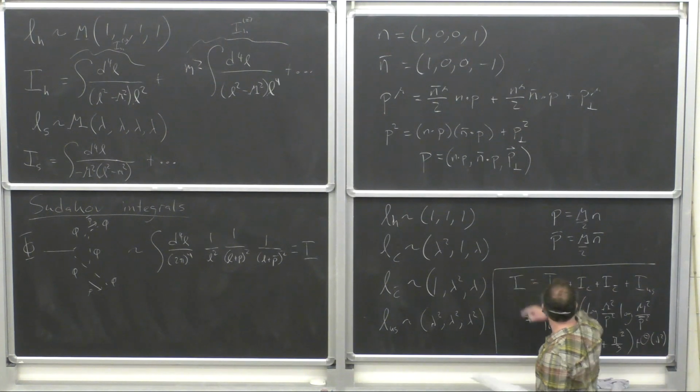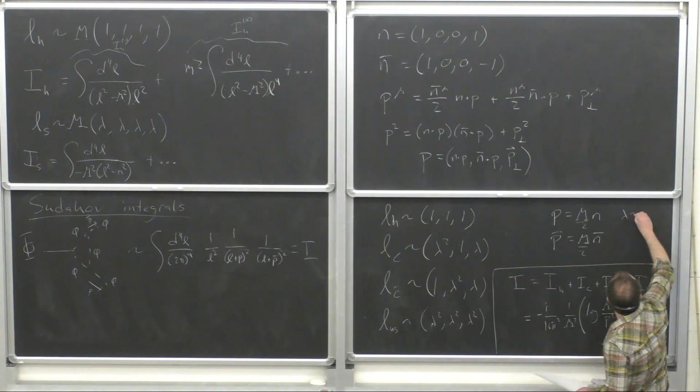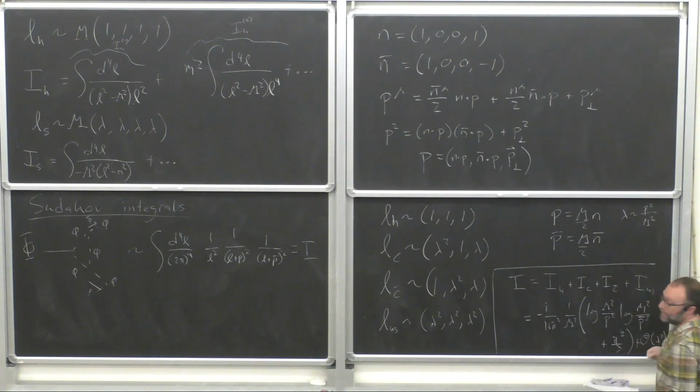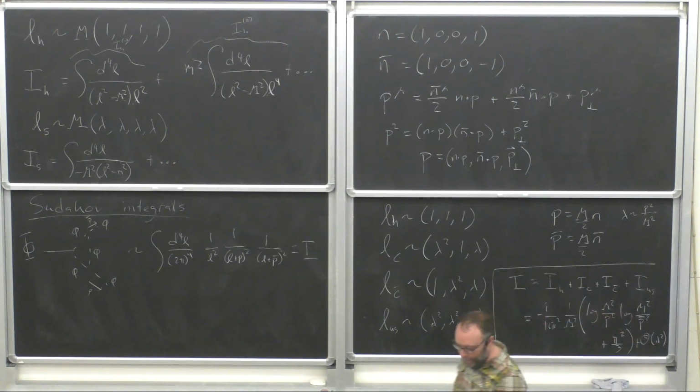This lambda is, say, p squared over m squared, p or p bar, okay? The virtuality.